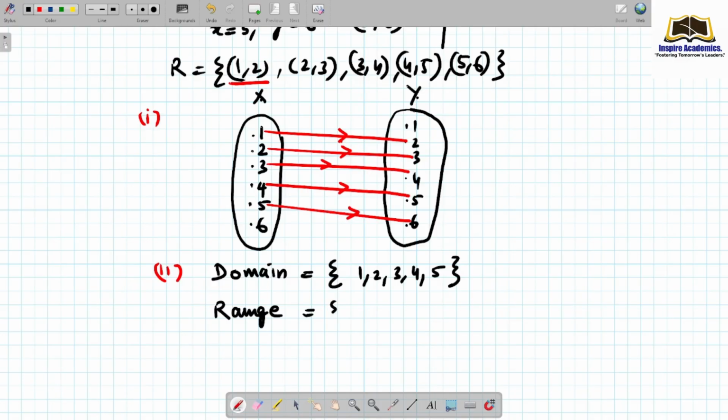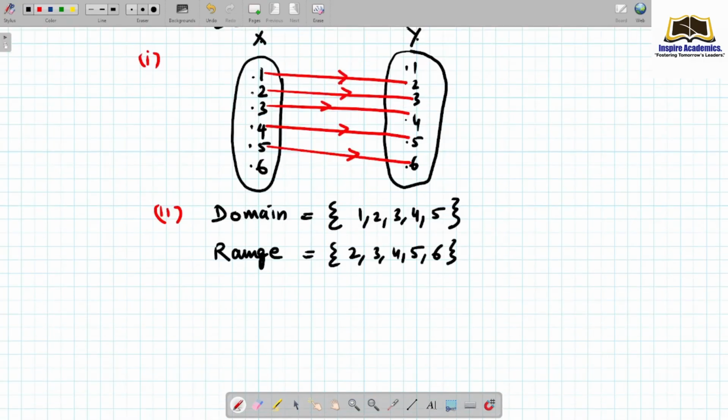Range would be 2, 3, 4, 5, 6. And my codomain is this entire 1, 2, 3, 4, 5, 6. Okay.